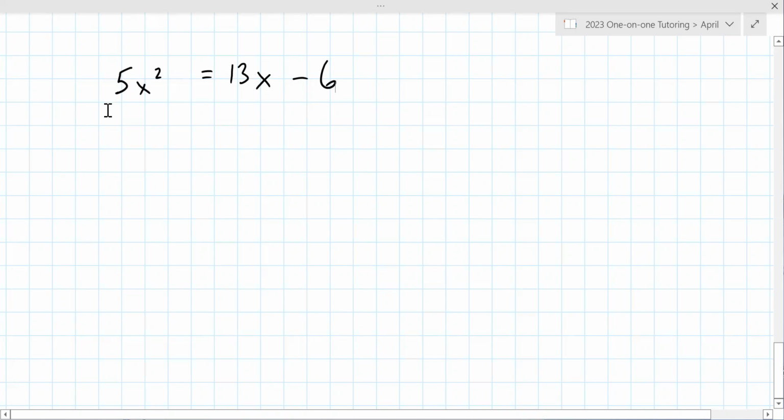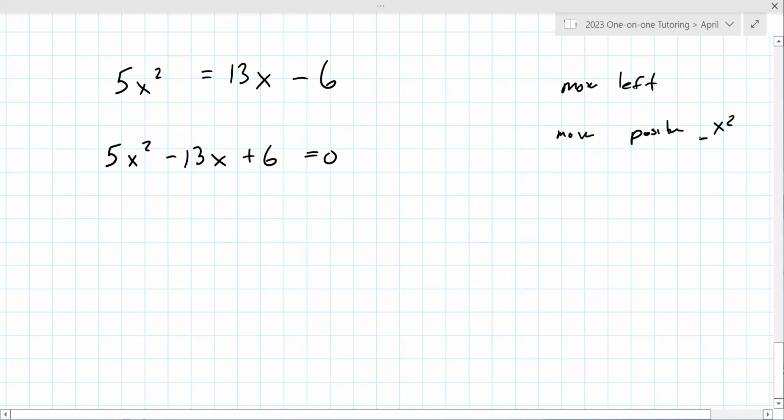Okay. It doesn't have to be, but it works out cleaner for you in terms of looking like a similar problem here. So you generally move left, but really you're moving to positive x squared, whatever that is. You want that one to be positive. It's the main thing. Okay.